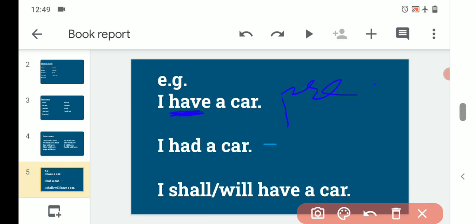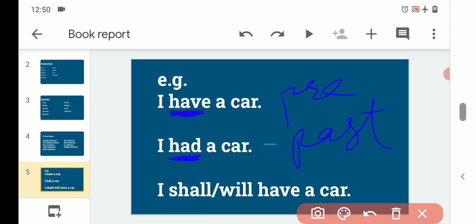If you have to change the same sentence into past tense, what do you have to do? Simply change the have, and what is used in past? That is had, right? So in place of have, you put had. The sentence becomes I had a car, which is past tense. And if you have to change the sentence into future, you have to change had into the structure of future tense.